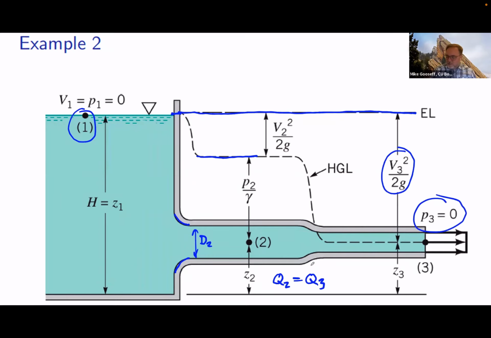And Z2 and Z3 are the same, but because P3 is equal to 0 at this outlet, and we're not accounting for any losses here, so we're assuming no friction in our flow, that means our hydraulic grade line, after we get into this part of the pipe, has its pressure part go to 0 because we're connected to the outlet.